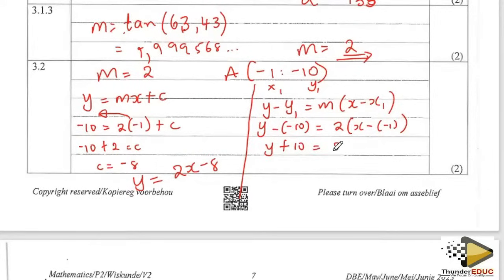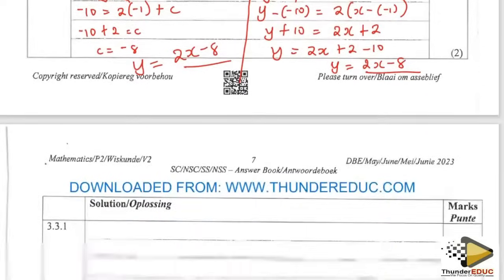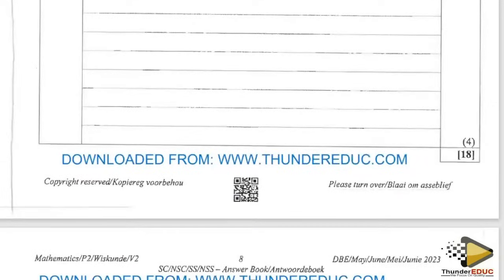When I open that, I have 2x plus 2. Then I'll move the 10 that side. It's going to be 2x plus 2 minus 10. So y is 2x minus 8. So it's just the same equation, but different formats. So you choose whatever will work for you. And then 3.3.1.